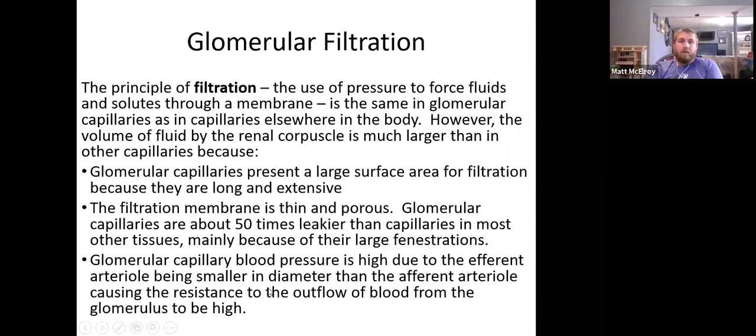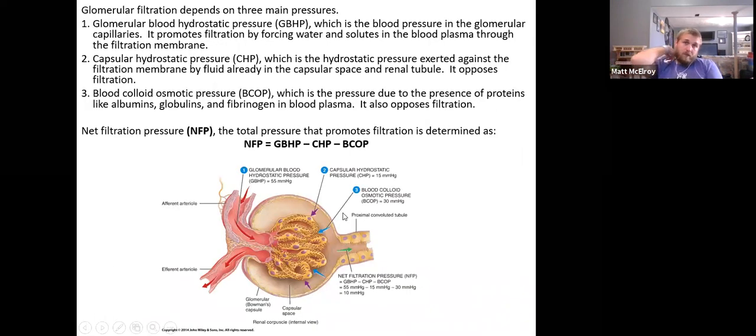Glomerular capillary blood pressure is high due to the efferent arteriole being smaller in diameter than the afferent arteriole, causing resistance to the outflow of blood from the glomerulus to be high. So we're talking pressures. There are three pressures that glomerular filtration is dependent upon.